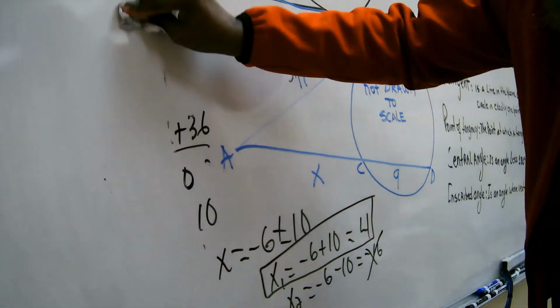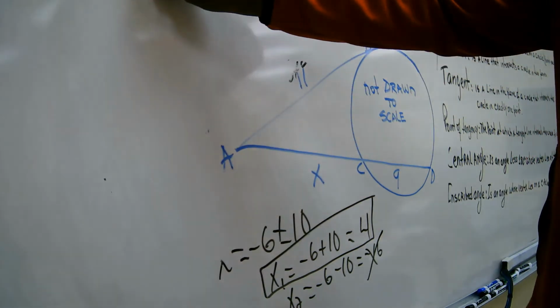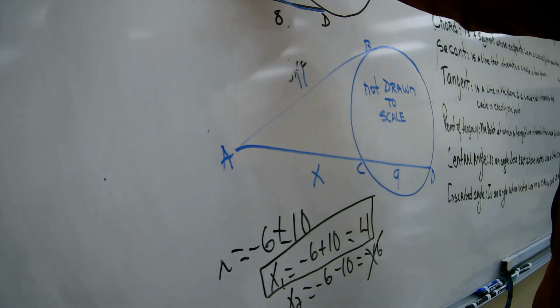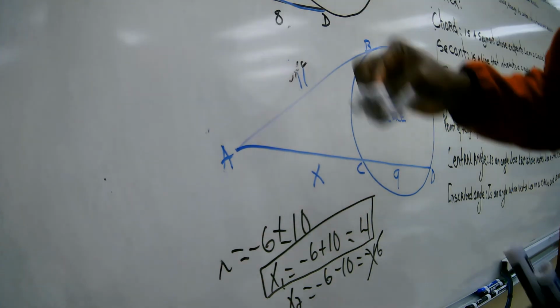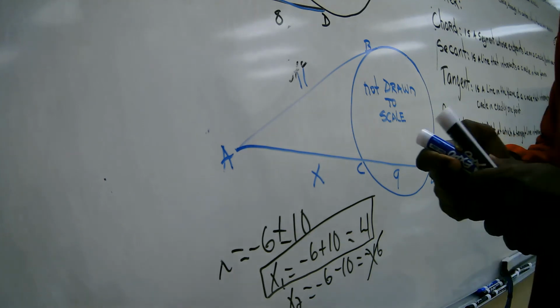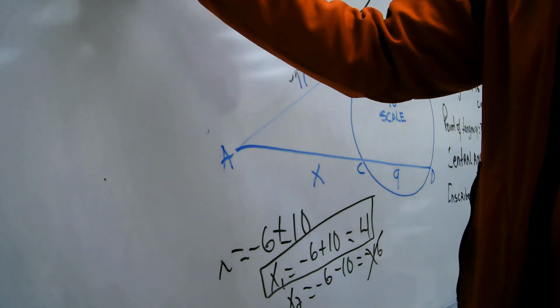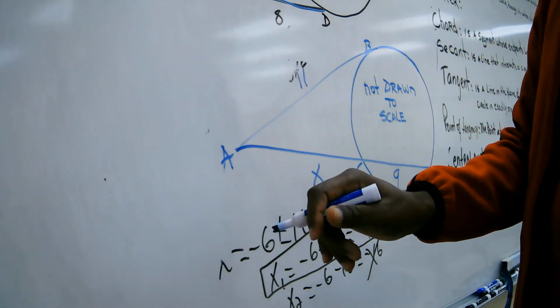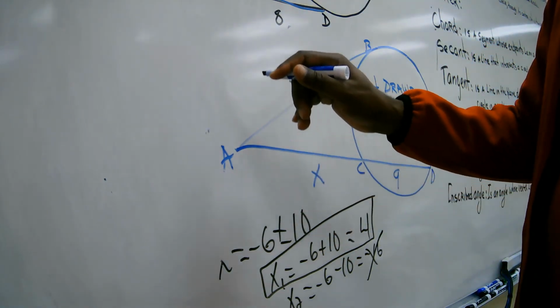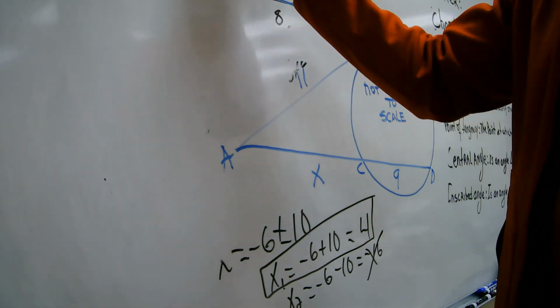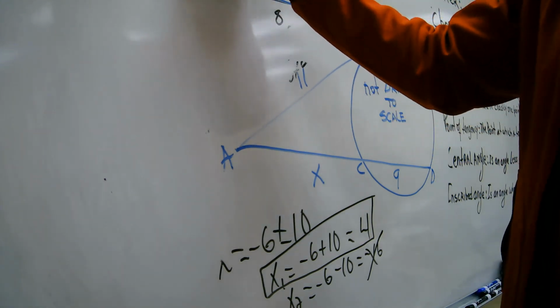So we remember that your original equation was x squared plus 12x equal to 64.